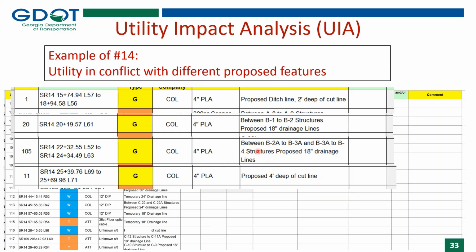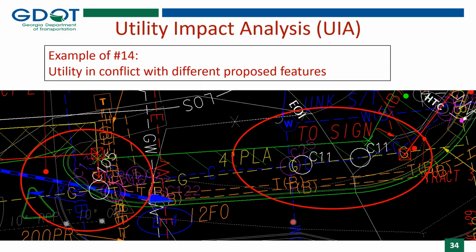And the conflicts are between B2A and B3A and B3A to B4, those structures. And it's 18-inch drainage pipe, that's the conflict. Moving along and following the gas line, here is the last conflict with that drainage pipe system.